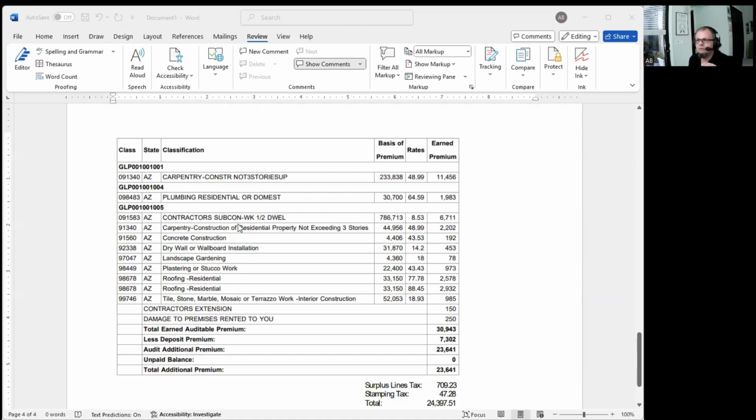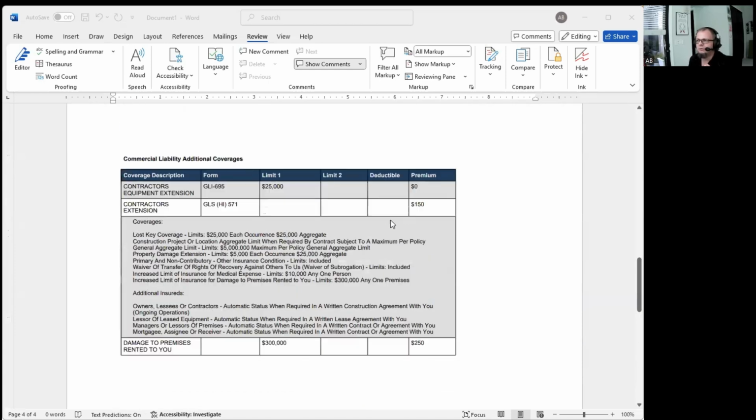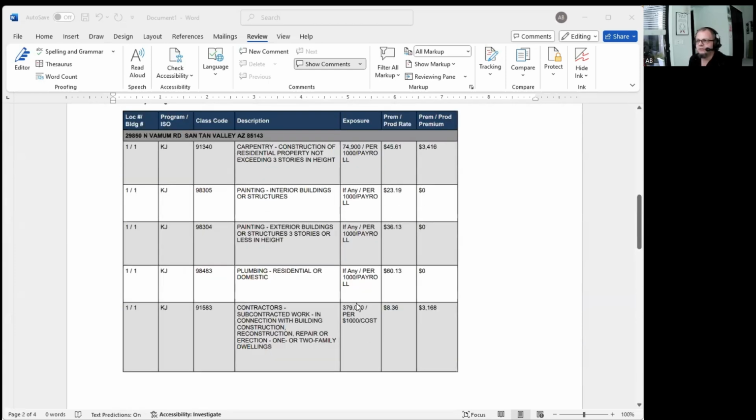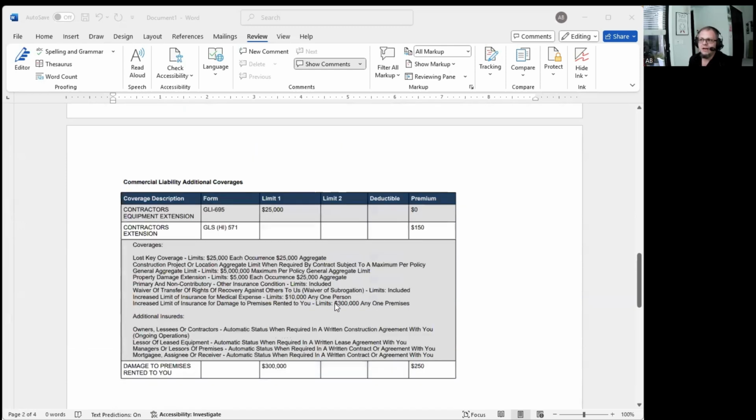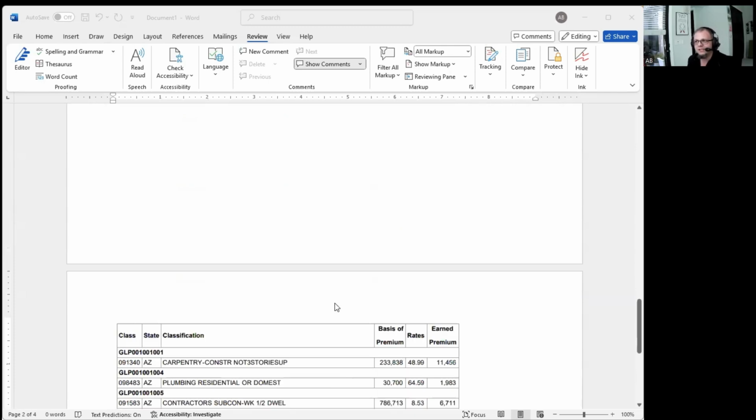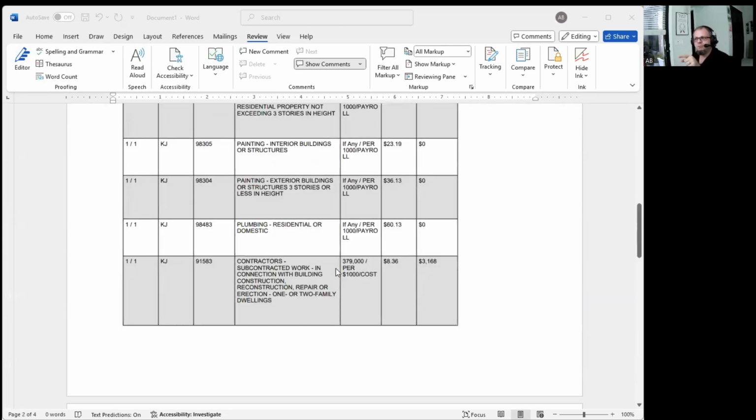Now they were also off on their subcontracted work because they had estimated, again, when we go back up here, $379,000. But they probably were not informed on how important that number really is under this policy because this policy charges for subcontracted work. Not all policies do that.